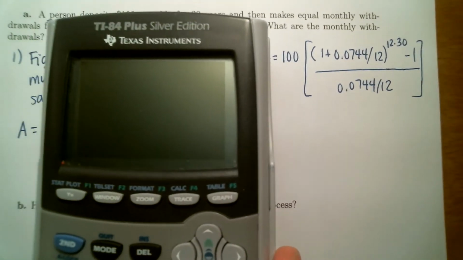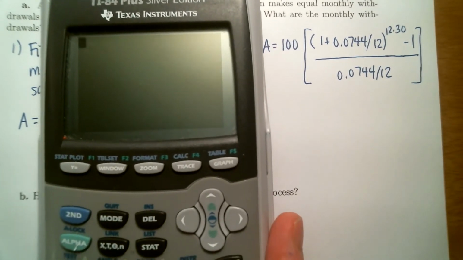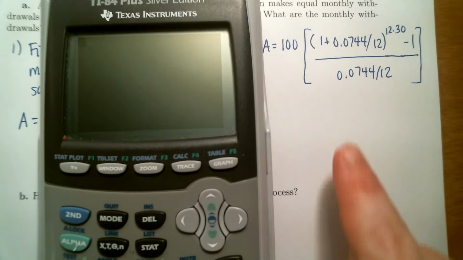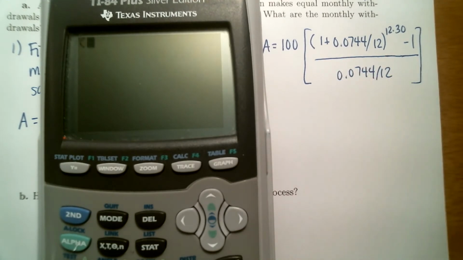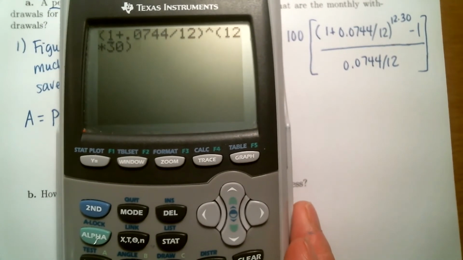We need to start inside the brackets, and start with the most complicated part. Inside the brackets in the numerator, we have 1 plus 0.0744 divided by 12, raised to the 12 times 30. Make sure that exponent is in parentheses, because you can't do it in your head. Then we need to do minus 1.